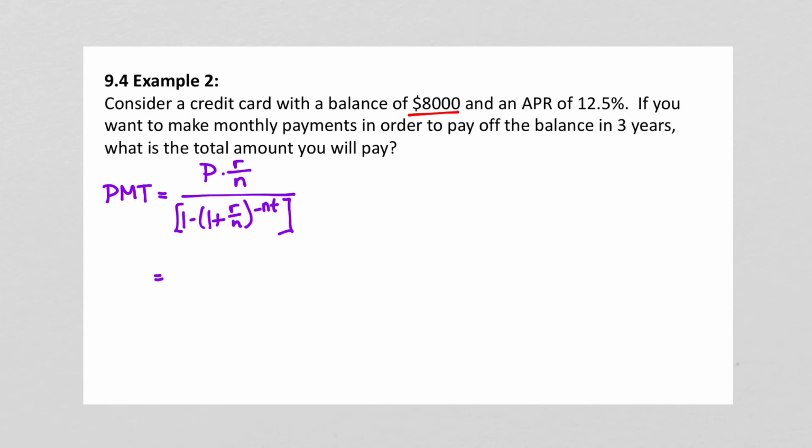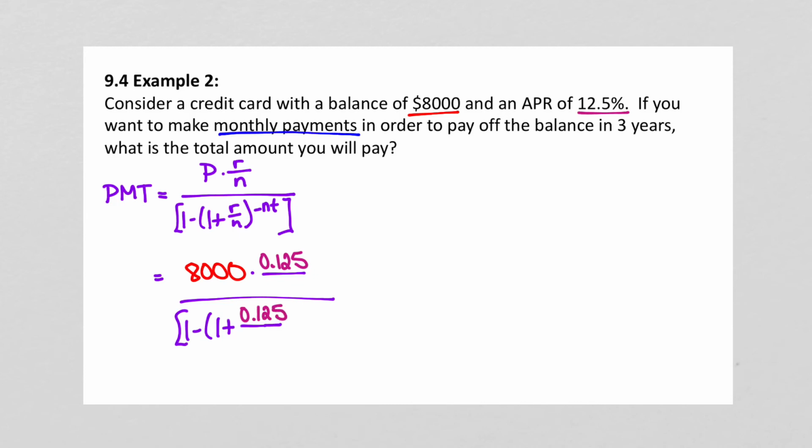So your principal is $8,000. Go ahead and write some of this. Your rate, 12.5%. That's actually not too bad for a credit card. So 0.125 for R. And you're making monthly payments, so N is 12.